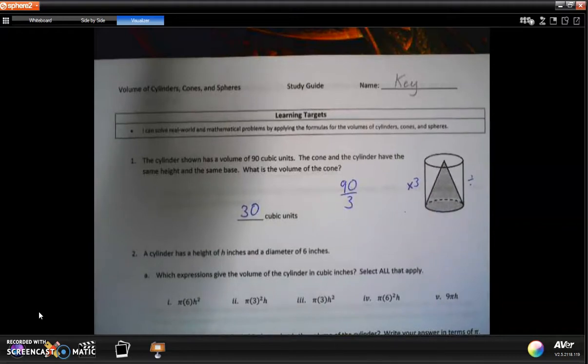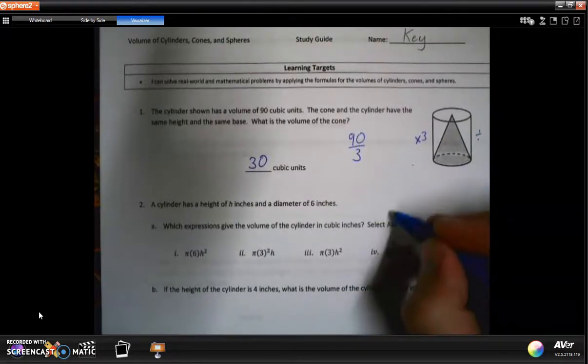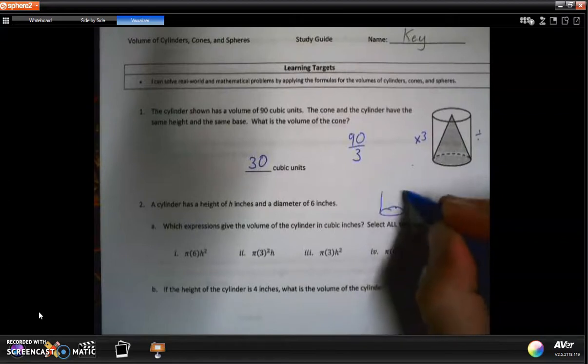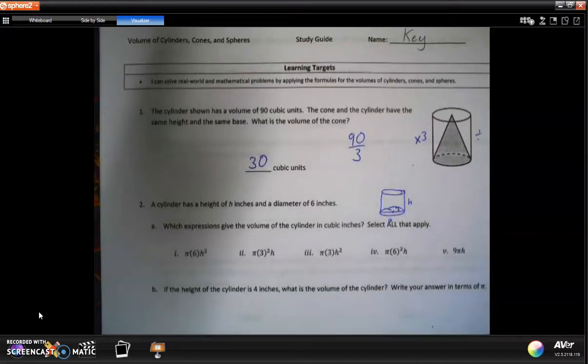Cool. A cylinder has a height of h inches and a diameter of 6 inches, which means the radius will be 3. So which expressions give the volume of the cylinder?